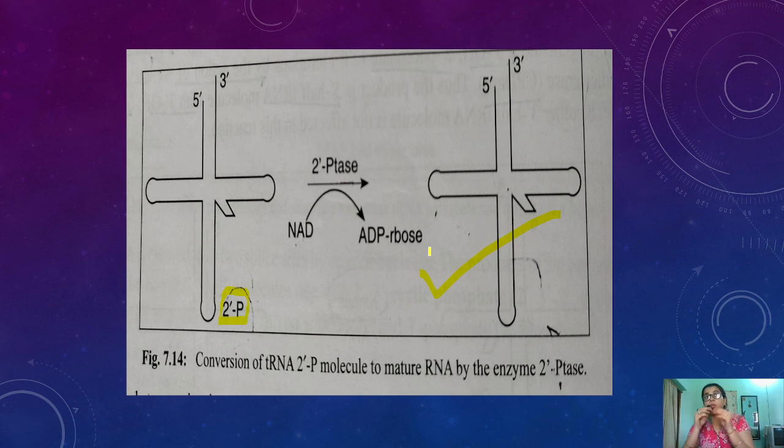So you must have seen that the entire process is completely different from what we have read about in the splicing mechanism of spliceosomal and self-splicing. Self-splicing and spliceosomal splicing are totally different from what we have now read about in tRNA. So basically the main purpose is to remove the extra intron from the part.